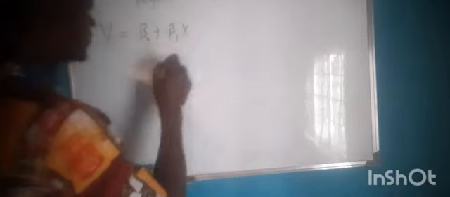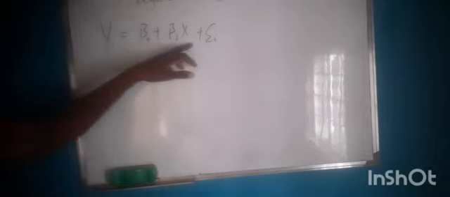The student academic performance, which is equals to beta naught plus beta 1 x plus epsilon i. This is the regression equation to represent the information I just made mention of. So we have y equals beta naught plus beta 1 x plus epsilon i, which is the error term. Now here is the meaning of these parameters.